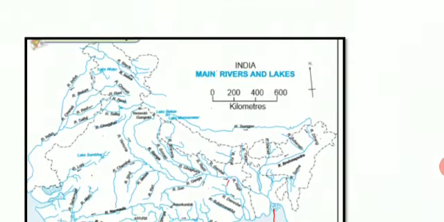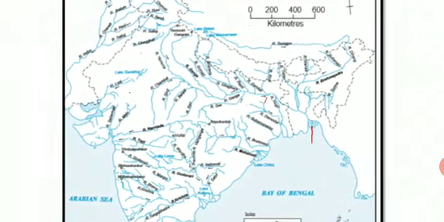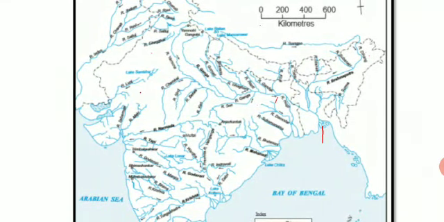It crosses and enters India. Flowing through the Himalayas, it is called Sangpo. When it enters Arunachal Pradesh, it is called Dihang. From Arunachal Pradesh, when it enters Assam, it is known as Brahmaputra.